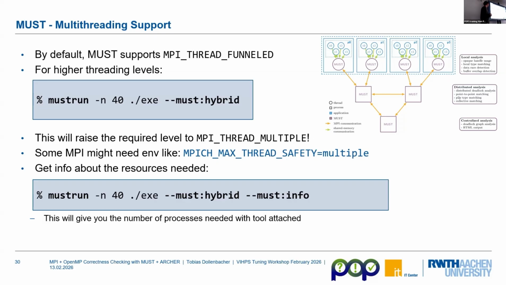But there's this --hybrid parameter that you can use to support thread multiple. Some MPI libraries have some additional flags that you need to set, but this is really implementation specific. And again, you can use must info to see how many resources you actually need.